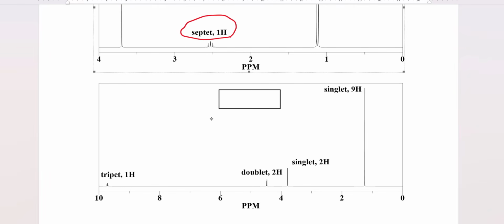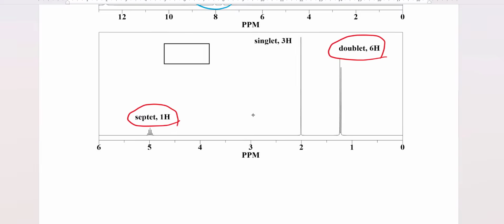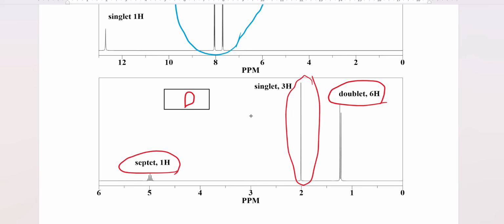And in the next spectrum, here we see the septet appears around 5. So this belongs to compound D. So the CH is attached to the oxygen and instead we see the methyl is not in that range anymore.